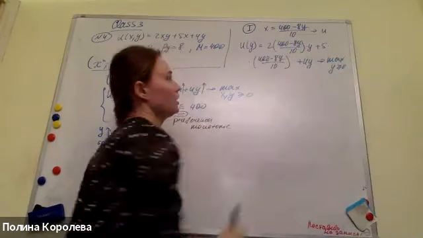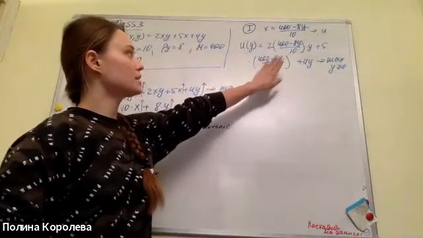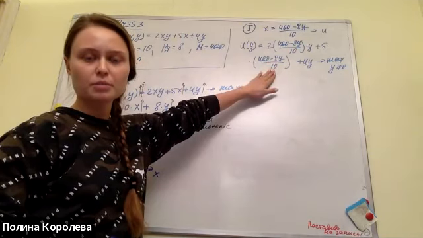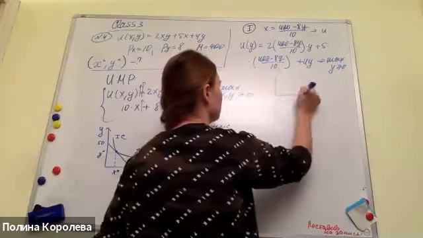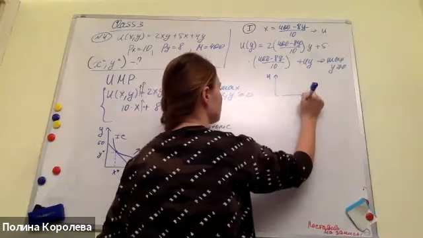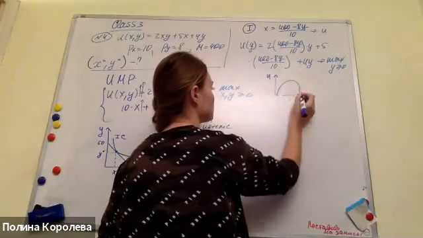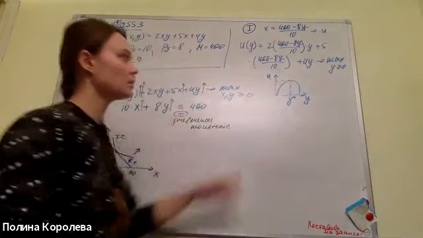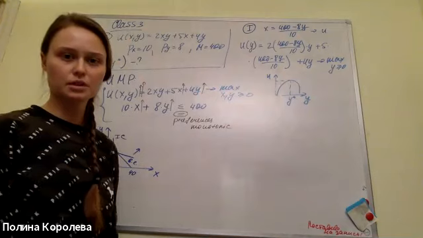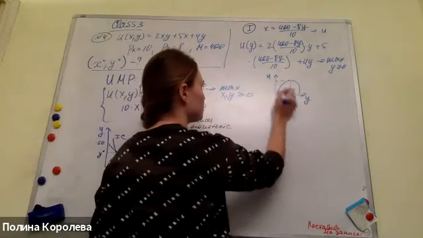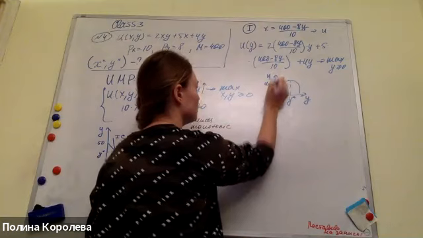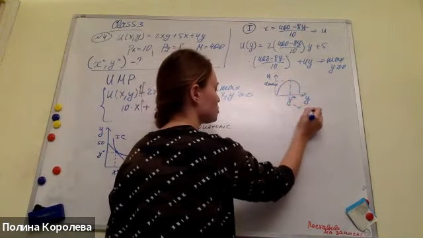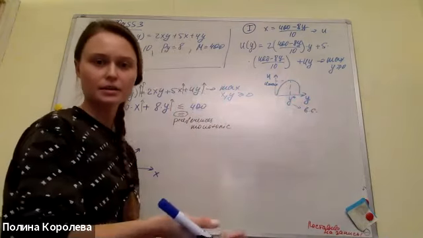From here, how will you find it? You can open the brackets and say that this function is a quadratic function. The graph is a parabola with branches down like this. This is utility, this is y, and you will find the best y, which will give us the maximal level of utility. So you will find y from here, and then put this y star into the budget constraint once again and find x.